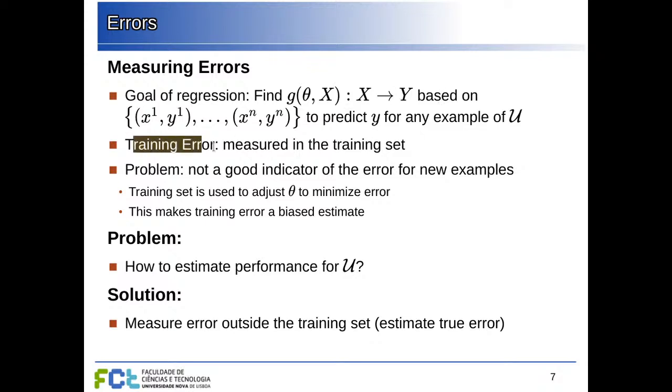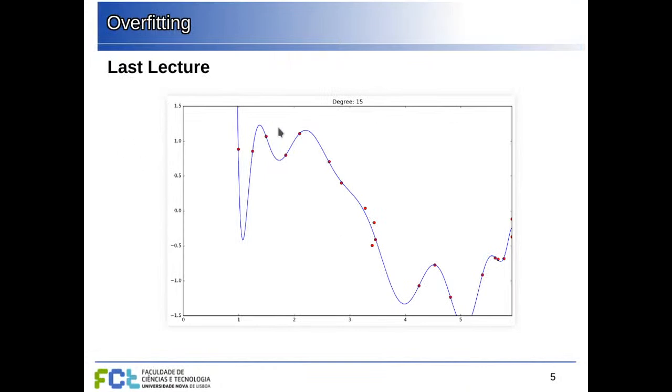So we saw that the training error is measured in this training set, the set that we're using to optimize the parameters. And this is not a good indicator of the error we are going to get for new examples. The problem is that we are optimizing everything to minimize the training error, but in some cases, like we can see here, minimizing the training error means that the curve will go through as close as possible to all the points.